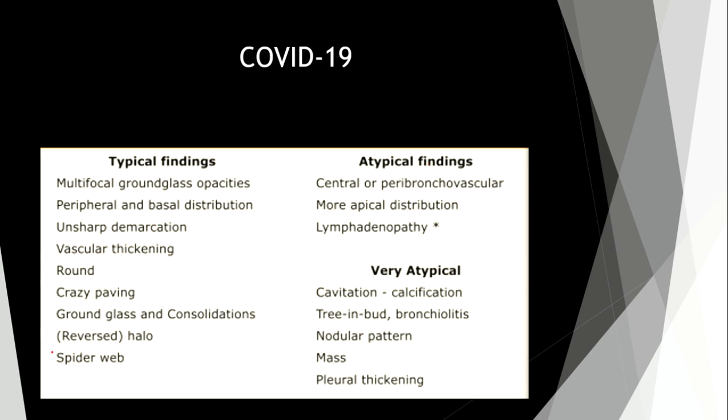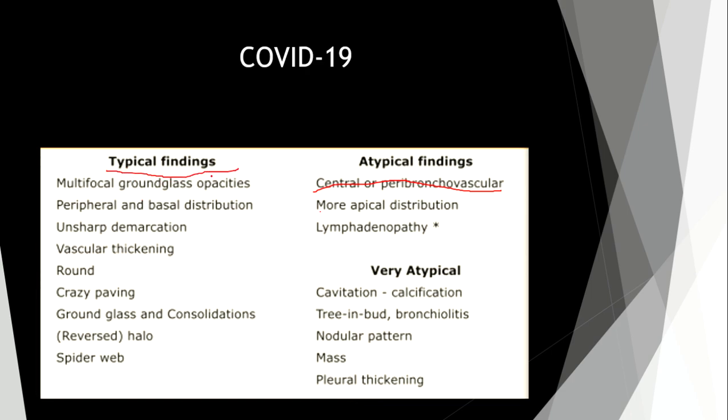And spiderweb pattern. Atypical findings: central or peribronchial vascular distribution, more atypical distribution, lymphadenopathy, very atypical cavitation, calcification, tree-in-bud, bronchiolitis, nodular pattern, mass and pleural thickening.